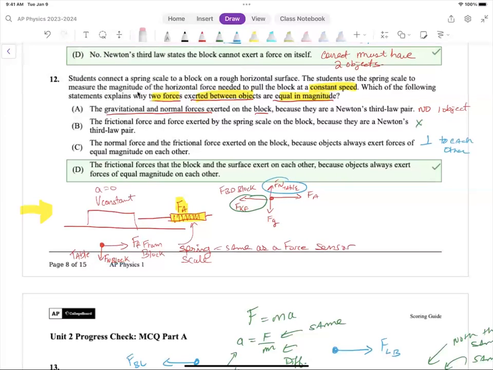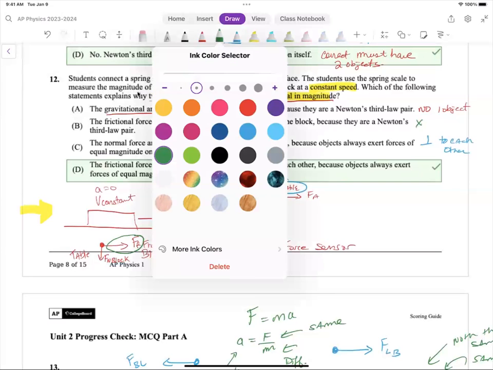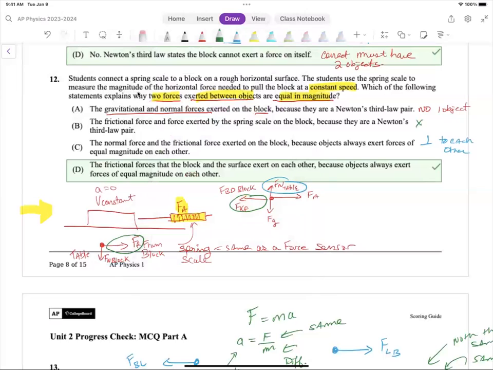Well, also, if the kinetic friction on the block is acting to the left, there is the same force acting on the table that acts to the right. And those are third law pairs, just as the force normal from the block on the table is a third law pair.